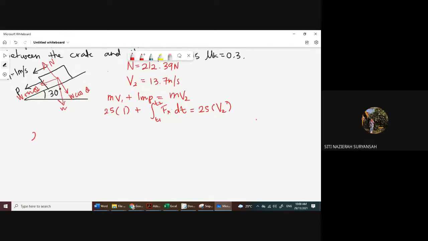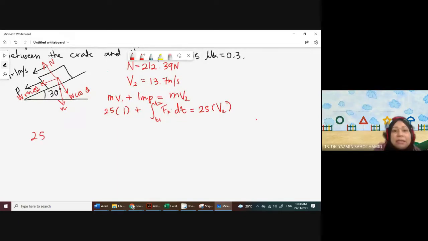So, macam mana? Okay, first, kita ada apa? Kita ada friction, betul tak? So kita ada friction negative 0.3 N, betul tak? Tapi jangan lupa kali 2 seconds tu.